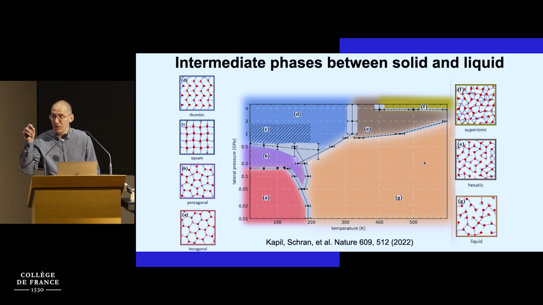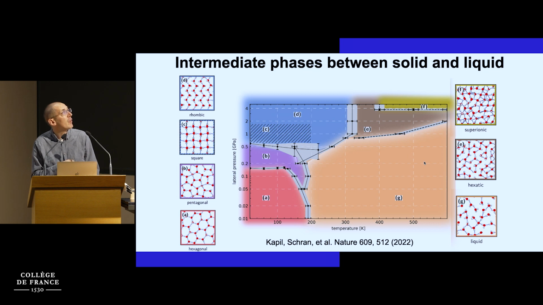But it's a state of matter that's intermediate between a solid and a liquid. And in the top right hand region, starting at about 4 GPa and 400 Kelvin, we have another new state that again is intermediate between a solid and a liquid, and this is a superionic state. And I'll explain in a moment what a superionic state is.